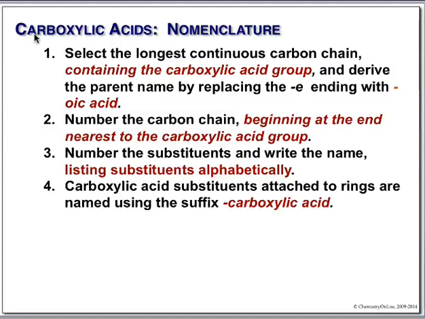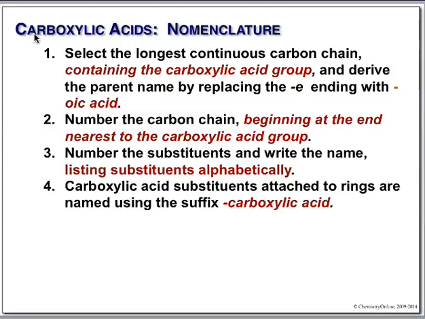Nomenclature, very simple. You're going to take the name of the alkane. You're going to drop the E on the end, and you're going to replace it by oic acid. You drop the E, put oic, and the second word is acid. We'll get a number at the end closest to the carboxylic acid.